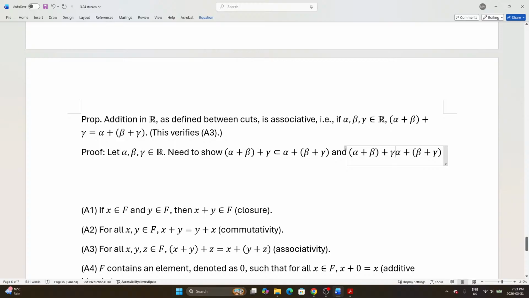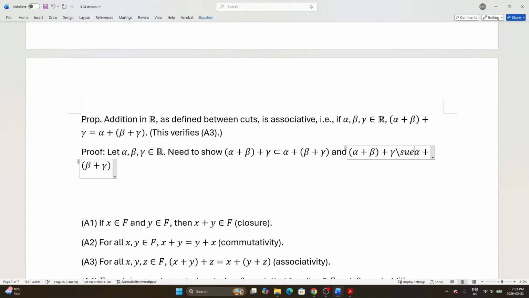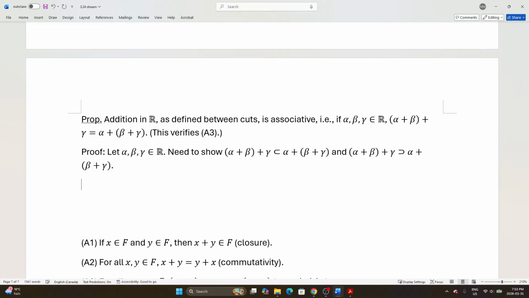All right, superset symbol. Yeah. So let P be in this set. So what does that mean?